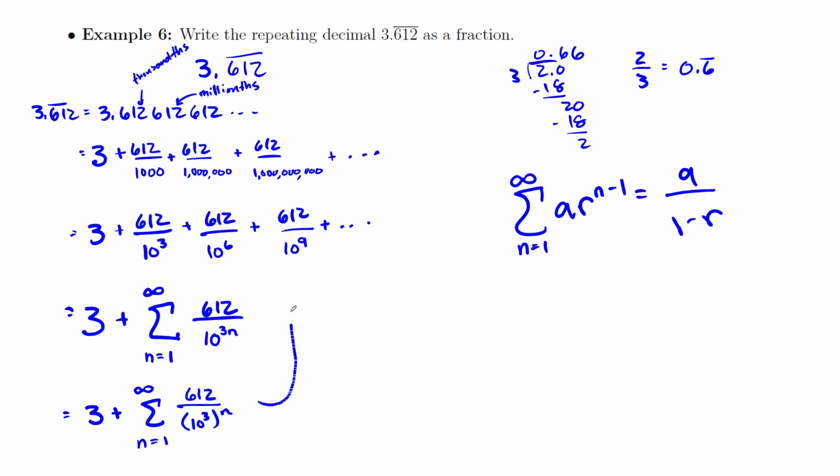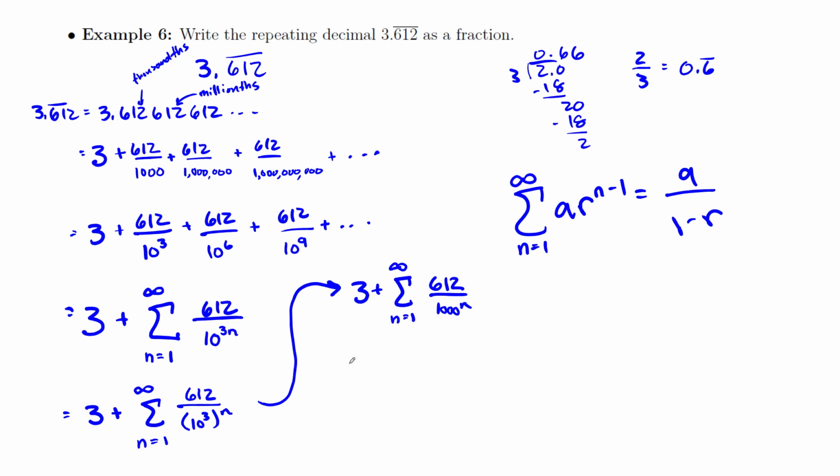Okay, so let me start to run out of room here. So this would be 3 plus the sum from n equals 1 to infinity of 612 over 1,000 to the nth power. Okay, so things are kind of starting to take shape here, I guess, right?